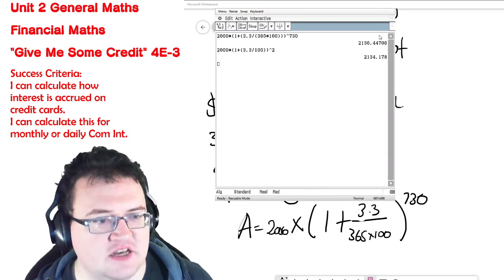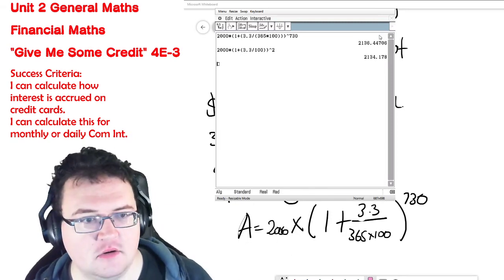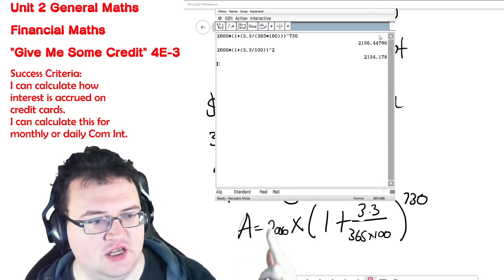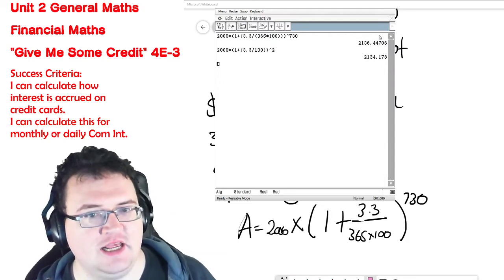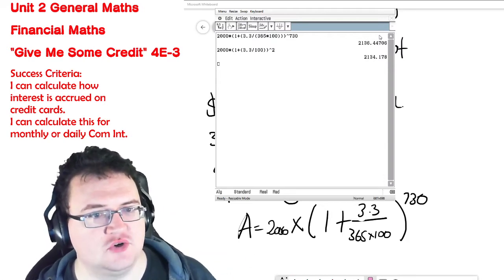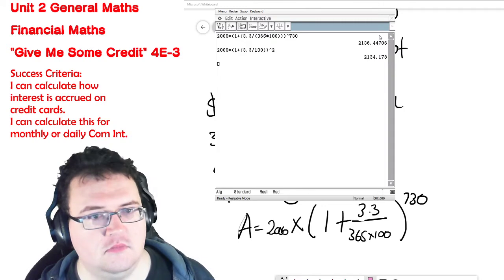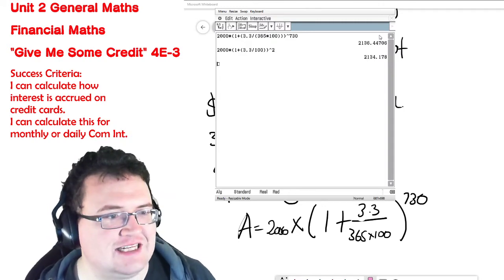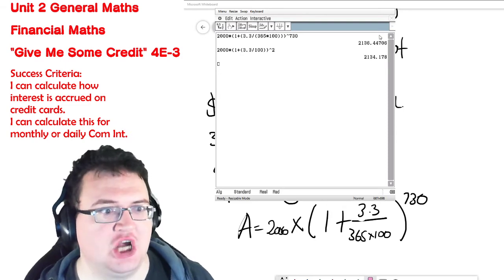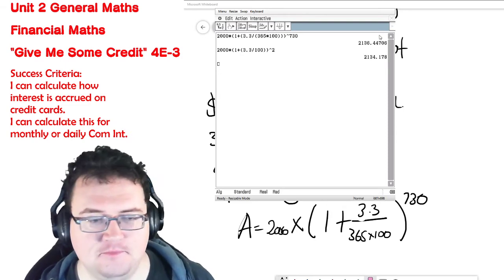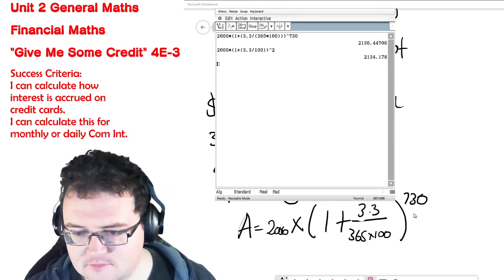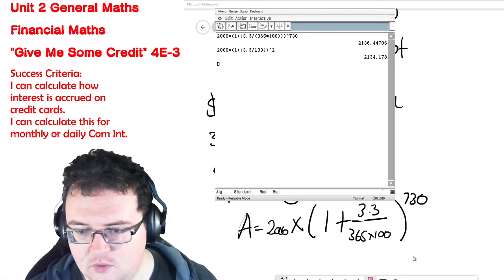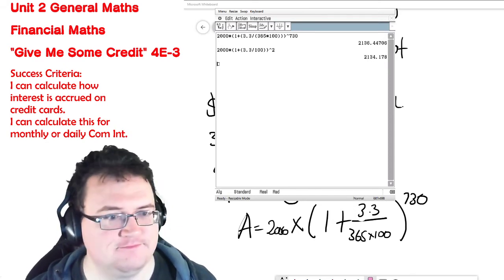So that's the difference between compounding daily, monthly, yearly. The more often you compound, the more interest you accrue in the same amount of time. So take a guess at how banks like to charge you interest on your credit card. Which one's going to make them more money?